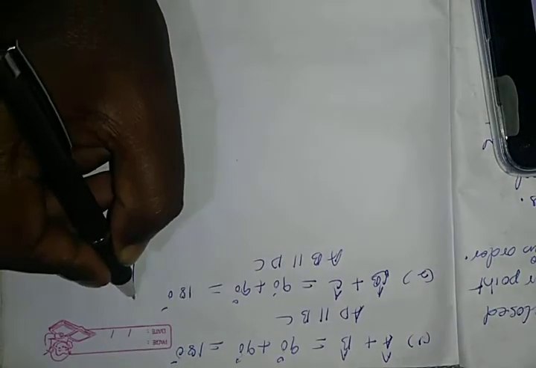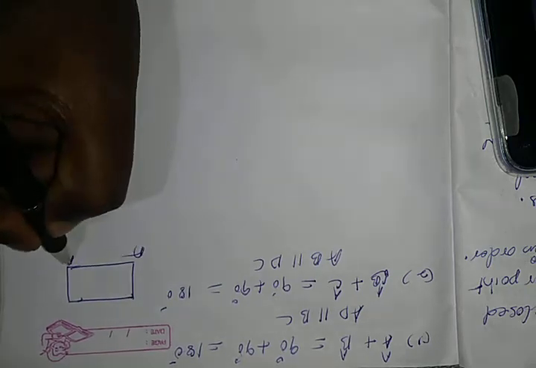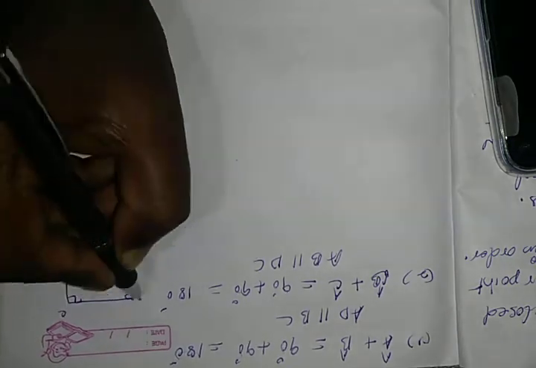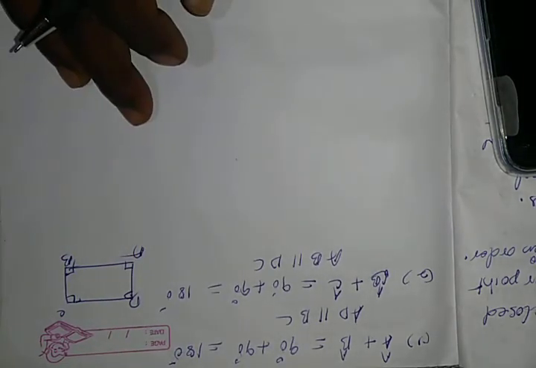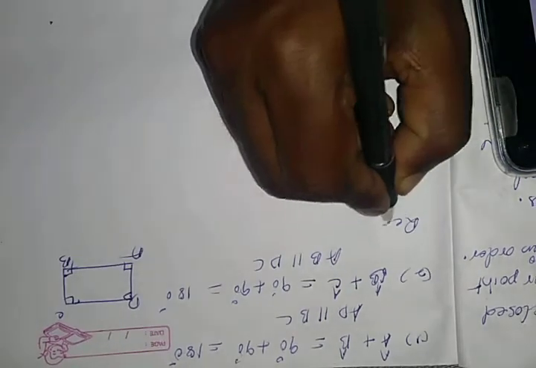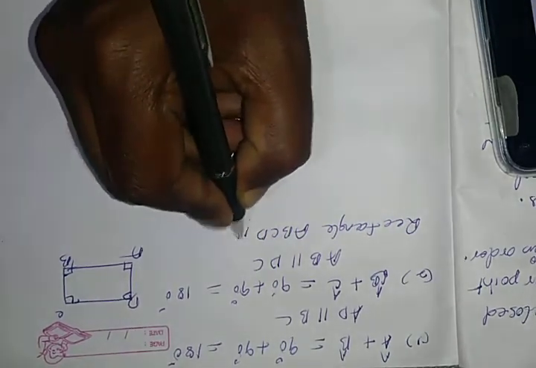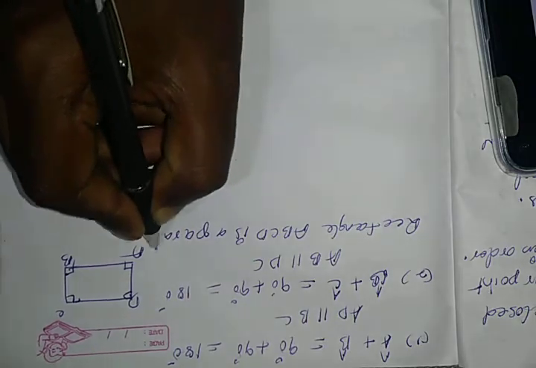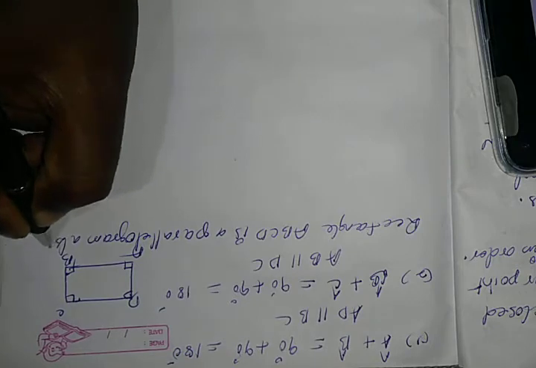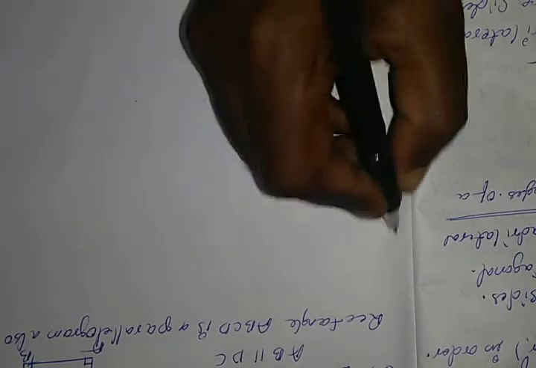So in the rectangle ABCD, both pairs of opposite sides are parallel. So the rectangle ABCD is a parallelogram also. And the next one is rhombus.